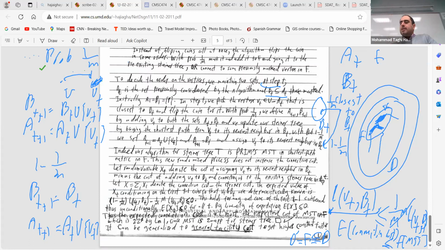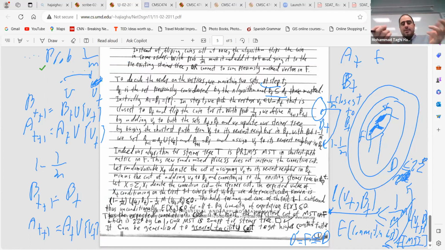And as we discussed, this expected cost in the MST is at most twice Z star, the Steiner tree on these vertices, and this is at most Z star that we had from the previous. But this is the idea.